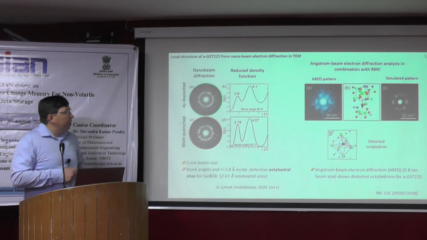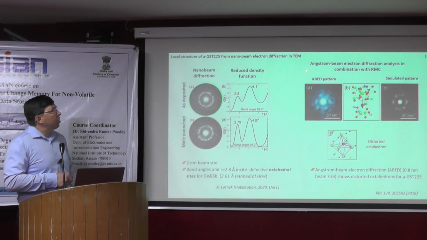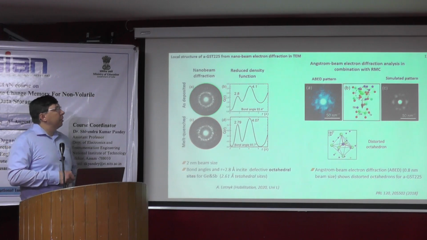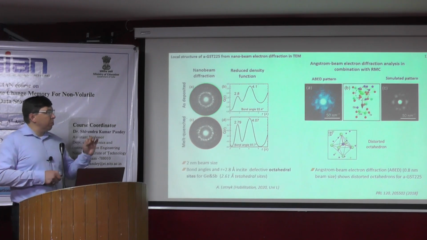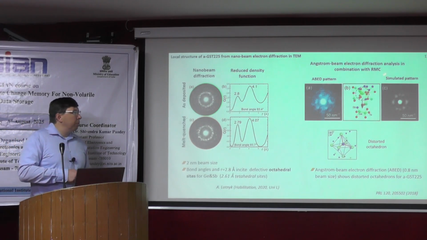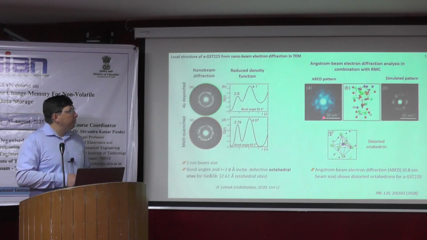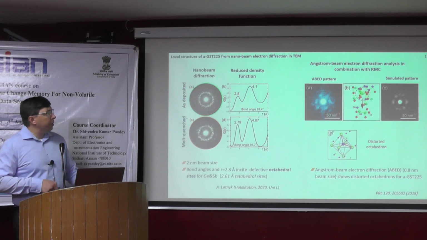But in another publication, using angstrom beam electron diffraction with a really small angstrom-size beam, they combined it with Monte Carlo simulations. This is the experimental electron diffraction pattern, and this is the simulated pattern from this structure.